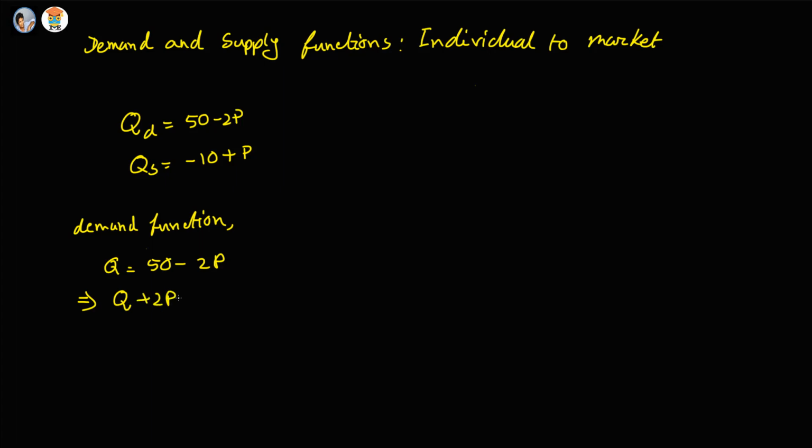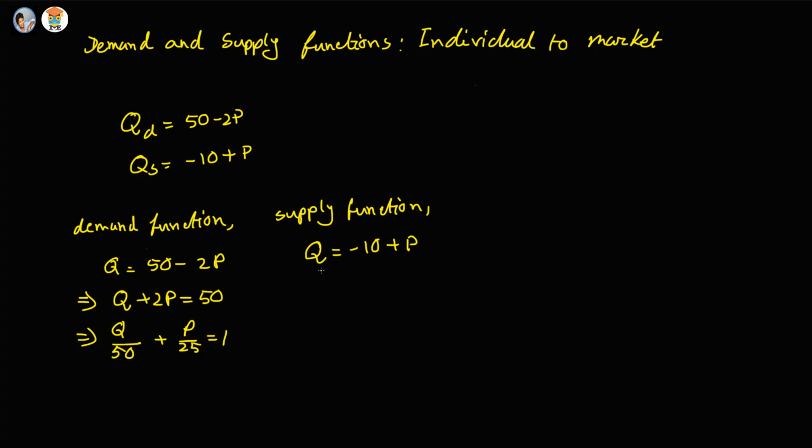Q plus twice P is equal to 50. Therefore we can write Q divided by 50 plus P divided by 25 equal to 1. And for the market supply function, minus 10 plus P, Q minus P is equal to minus 10. Therefore, we can write Q divided by minus 10 plus P divided by 10 equal to 1.